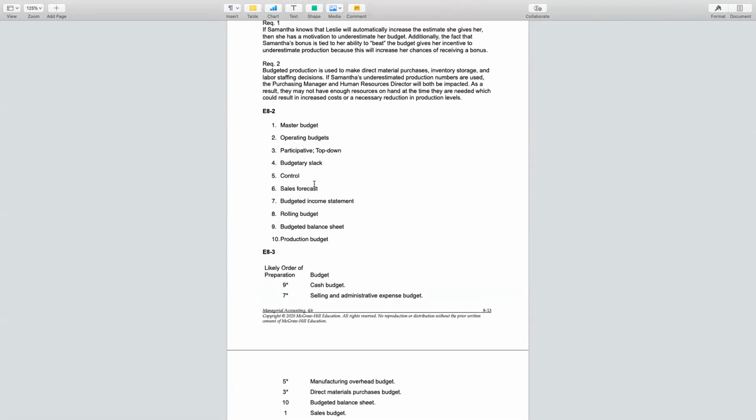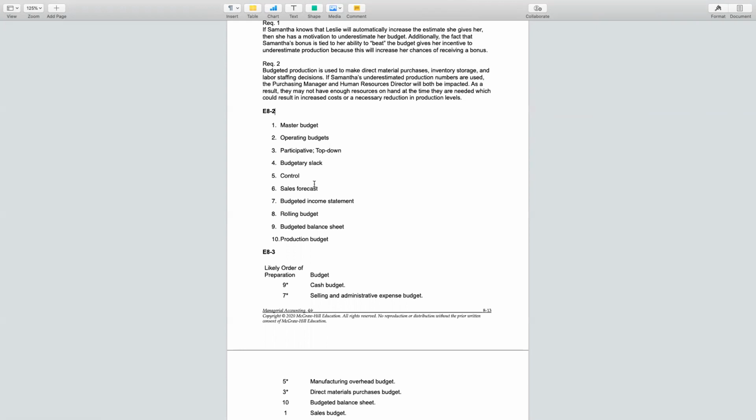Now, question number 2, we have to fill in the blanks using terms to complete the sentences about budgets. And they give you quite a few there, but I don't think you need to use them all. Number one, the master budget is a set of interrelated budgets that constitutes a plan of action for a specific period.